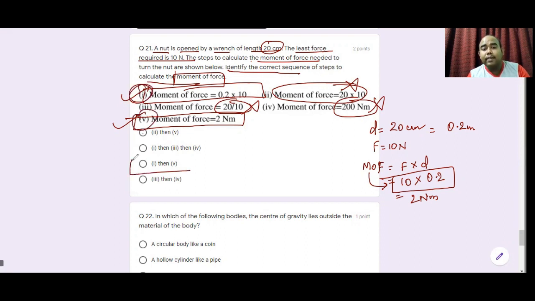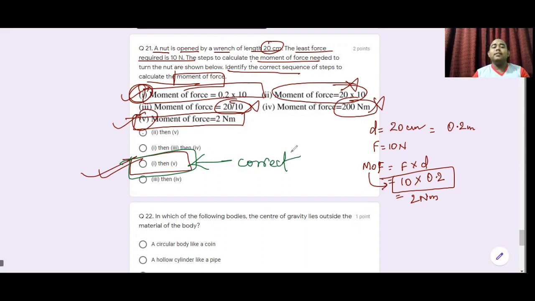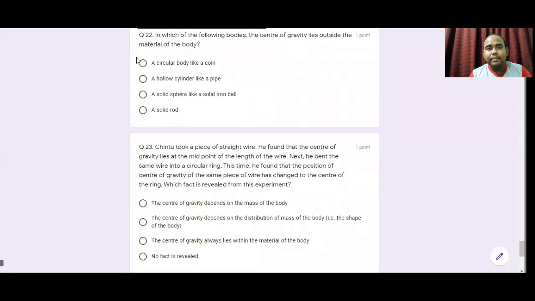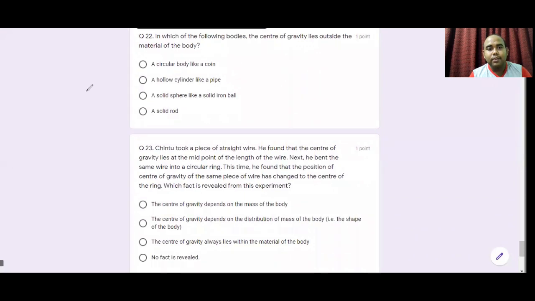So 1 and then 5 is our correct option. This is correct. Okay, so such types of questions are very easy, and I hope you all will do very well in your physics exam. You will all get full marks because the questions are very, very simple.